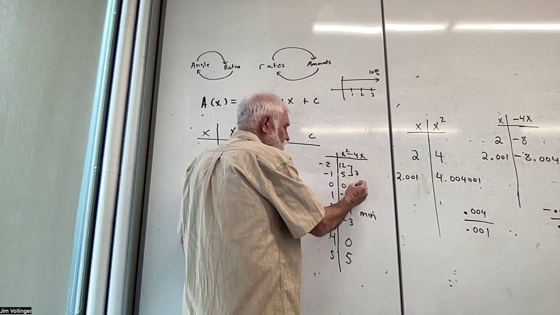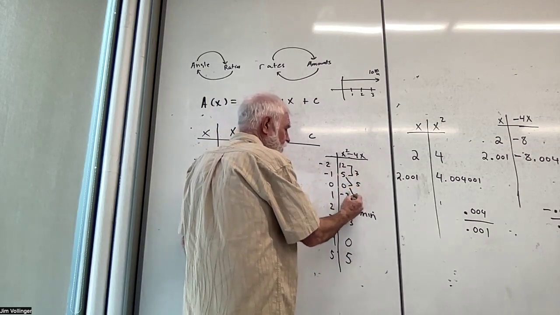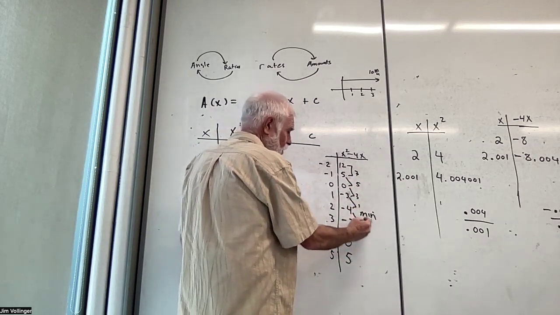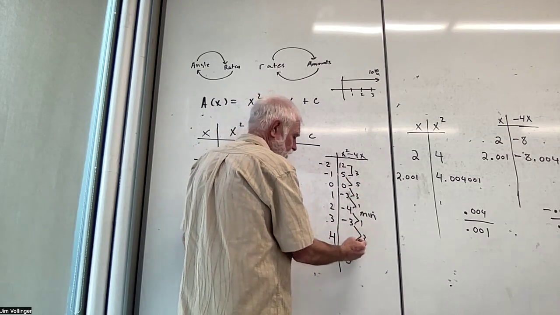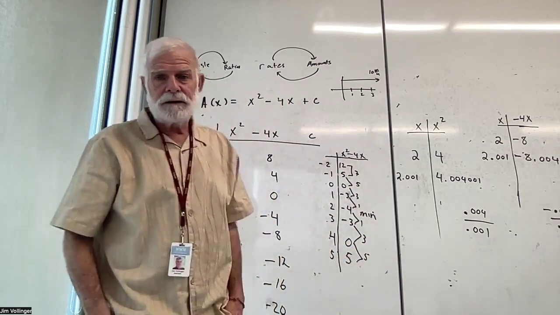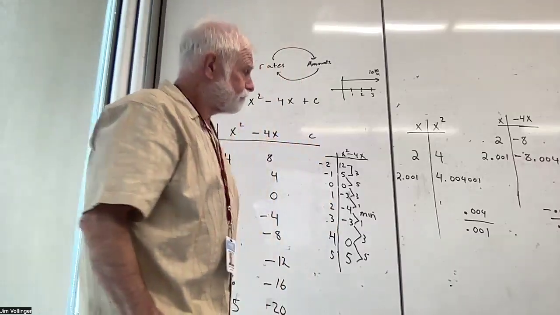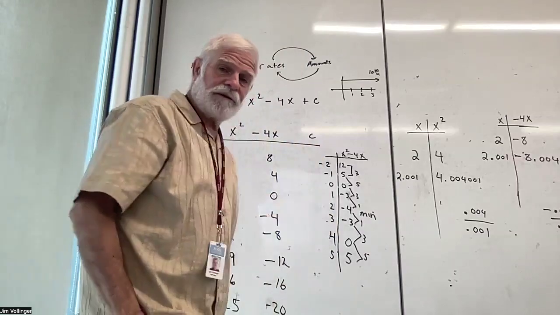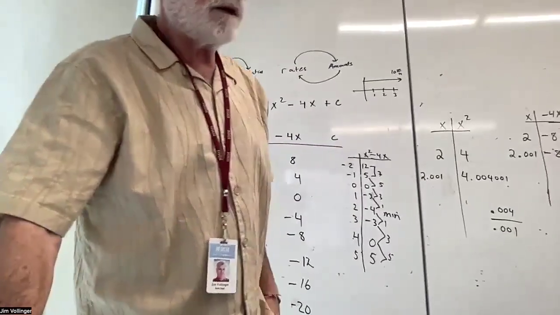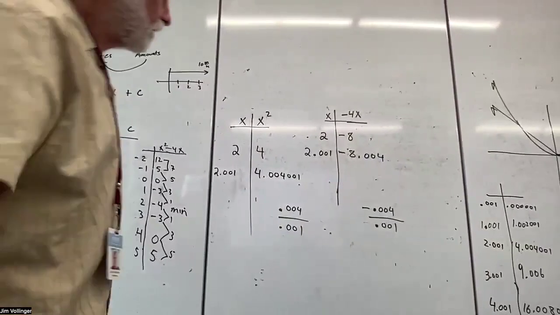I'm seeing 7 units of change, then I'm seeing 5, then 3, then 1, and then I'm seeing 1, 3, 5. Looks like my changes are changing in some interesting ways.